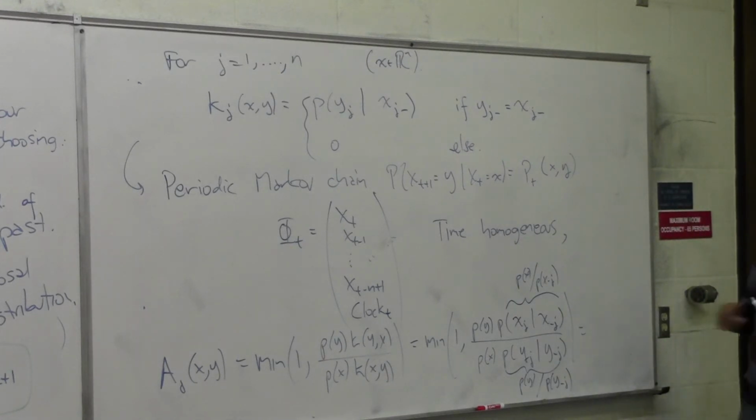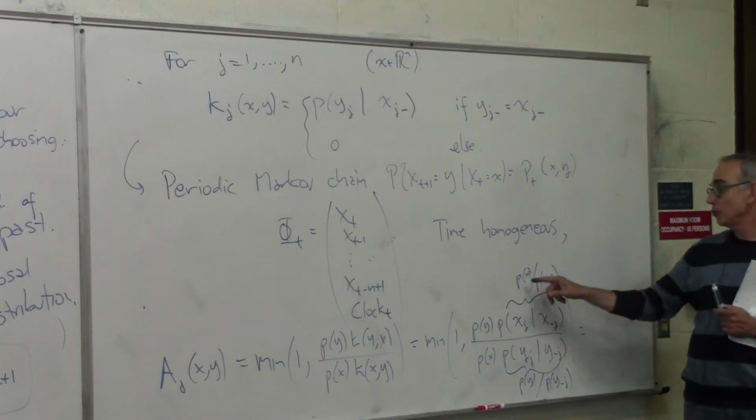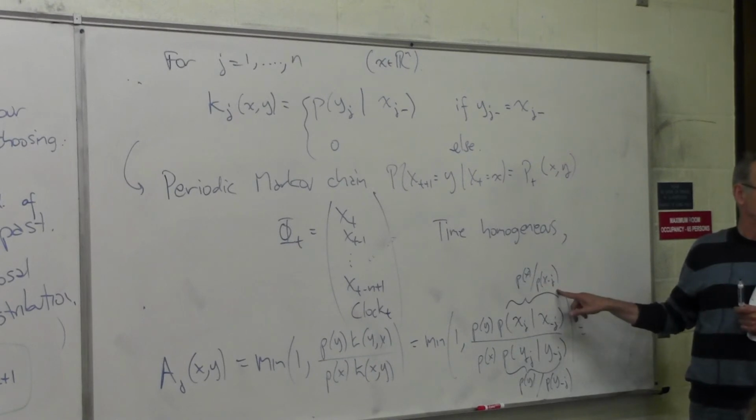It looks bad, okay, but Bayes' rule says the conditional probability is the joint probability divided by the probability you're conditioning on.